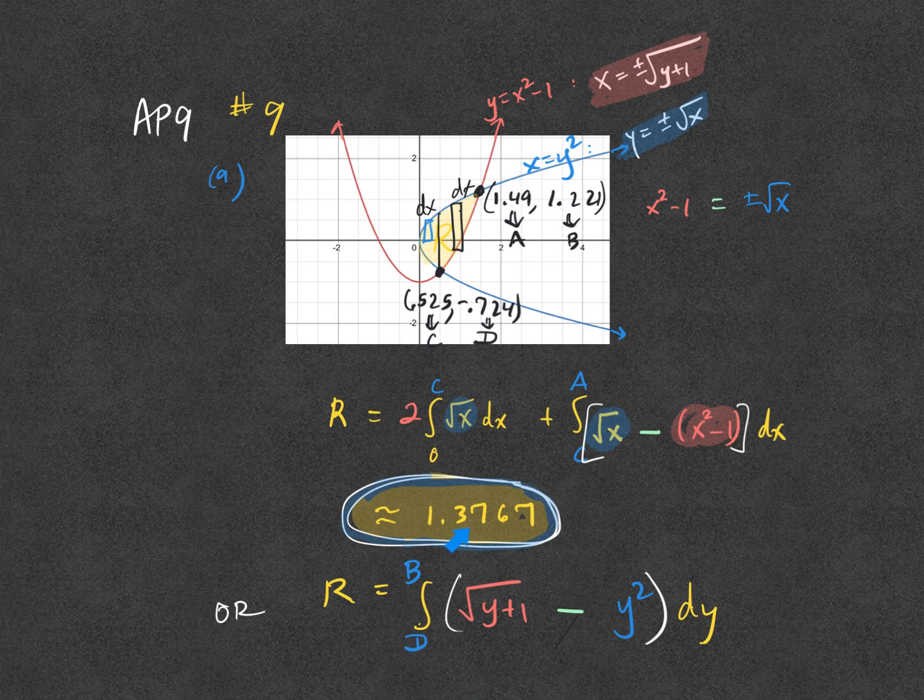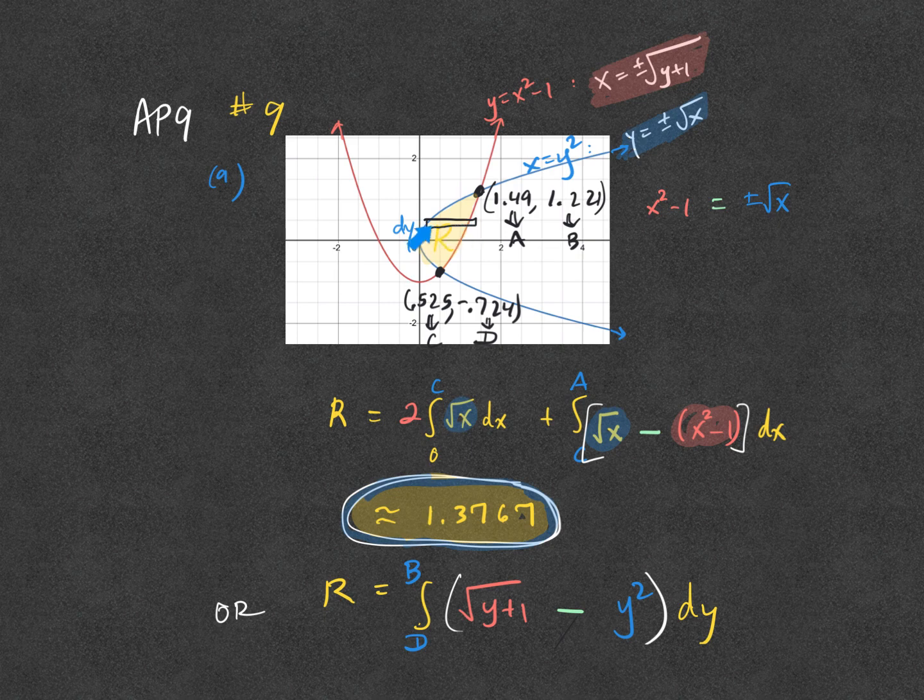Right. Now, what if we used horizontal representative rectangles? Well, that means we'll be doing the integration with respect to y. So the y values will go from this y value, which is D, to this y value, which is B. So the definite integral from D to B of the biggest x value minus the smallest x value.